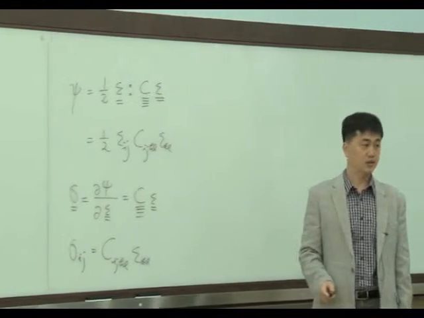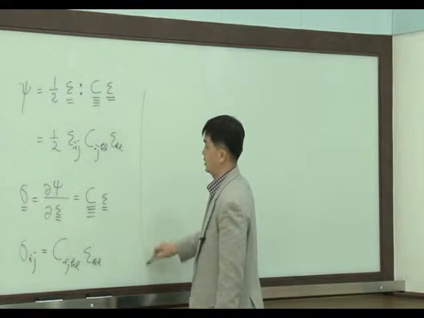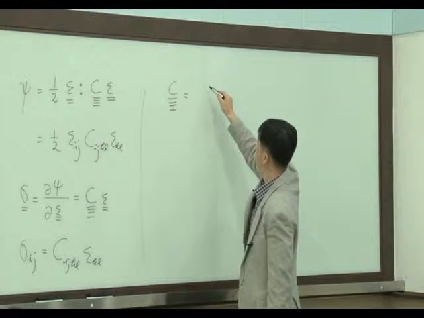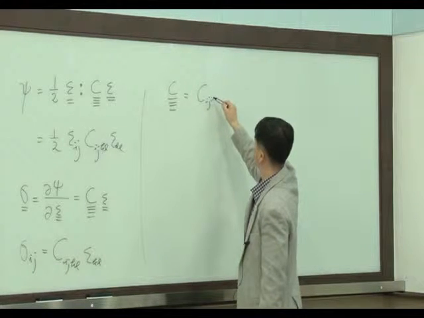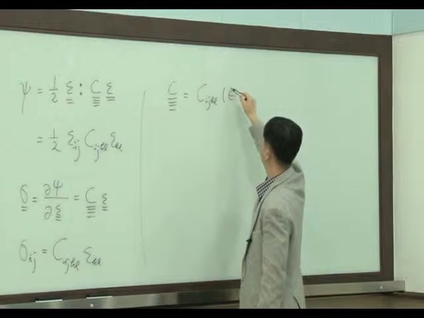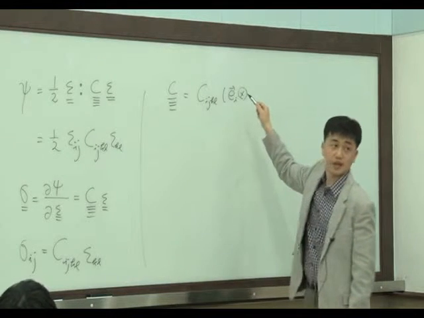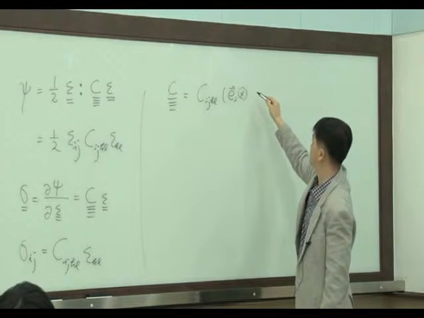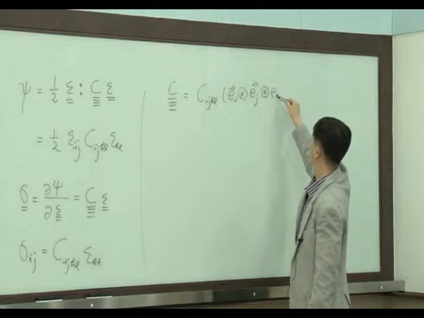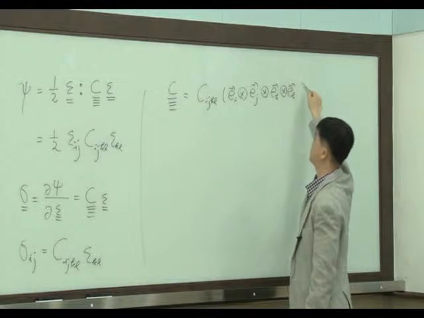It looks strange to you at this time. And C has a component ijkl and base vectors i, j, k, l with a tensor product.